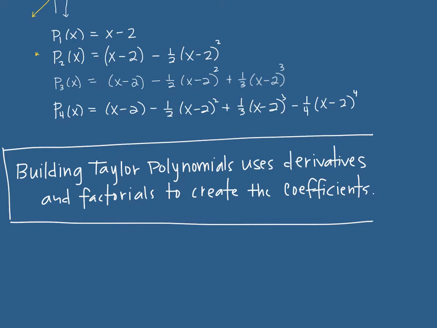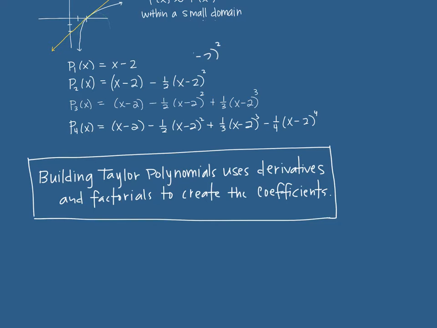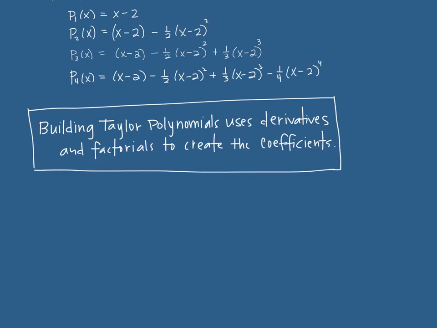The length of it is called its order. So first order is like linear. Second order, quadratic. Third order, cubic. Fourth order, etc.